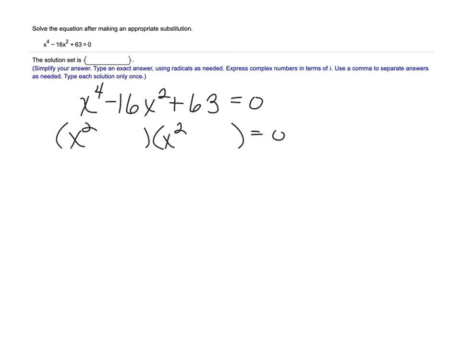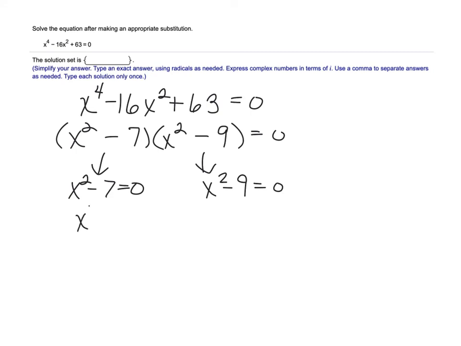And let's see, 63 is 9 times 7, right? And then we know that 9 plus 7 is 16. So let's use our minus signs. So it actually factored. So once we do that, we set each factor equal to 0 and solve, right?